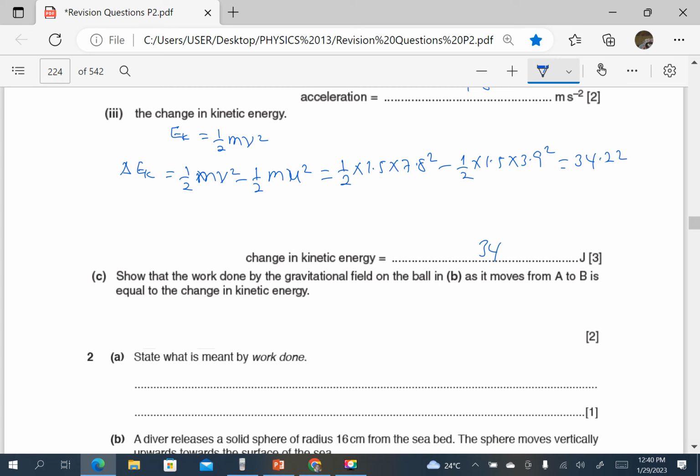Show that the work done by the gravitational field on the ball as it moves from A to B is equal to the change in kinetic energy. Let's find the work done. We already have the change in kinetic energy. So work done is equal to force times distance moved.